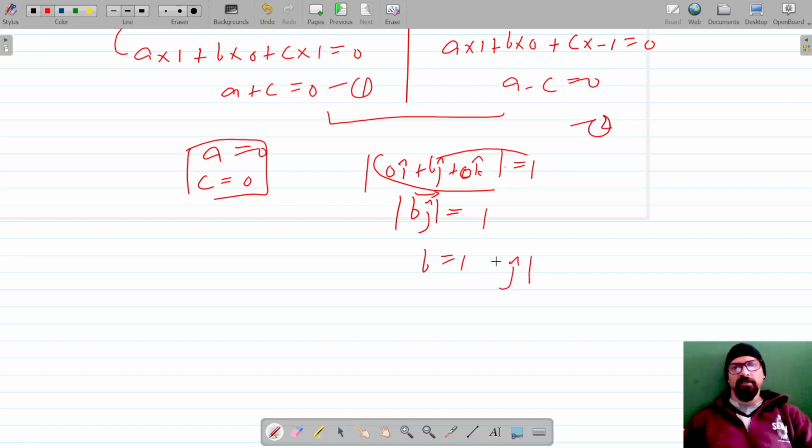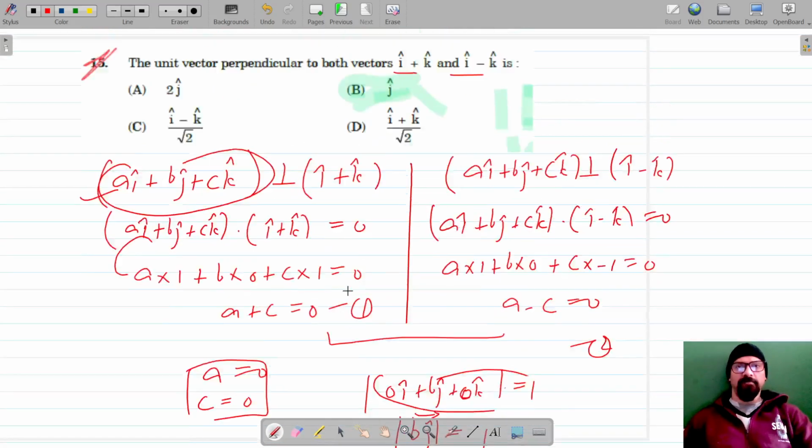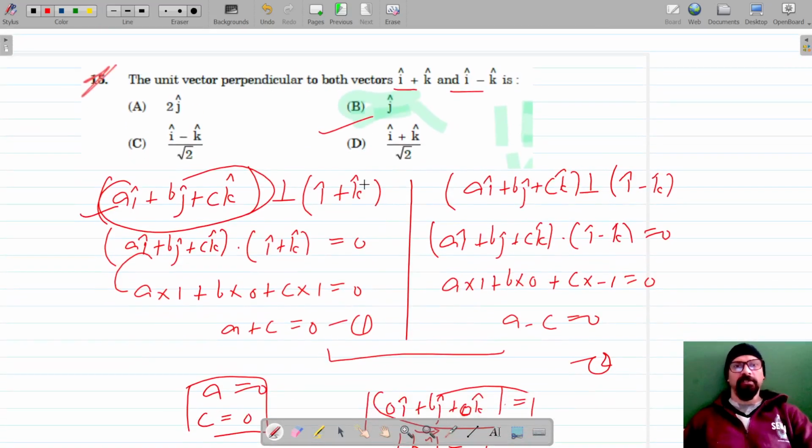So our vector is j cap, which means b is the correct option. Moving on to question number 16.